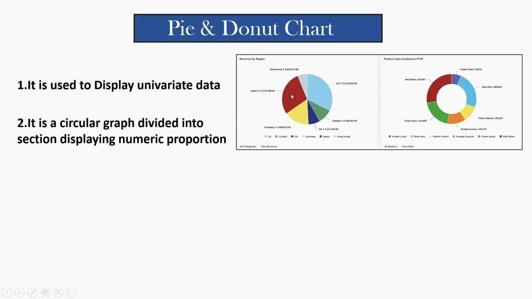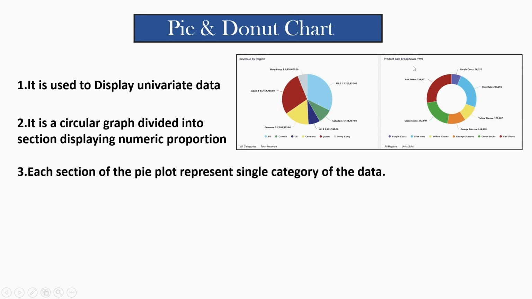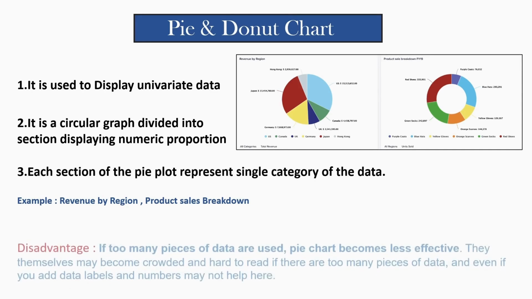We can display various numbers also, like revenue, sales, etc., but most of the time we represent proportions. Each section of the pie plot represents a single category, like here red shoes, purple coats, etc. Examples are revenue by regions, product sales breakdowns, like in Q2 financial year 2019, which we can visualize with the help of a pie plot.